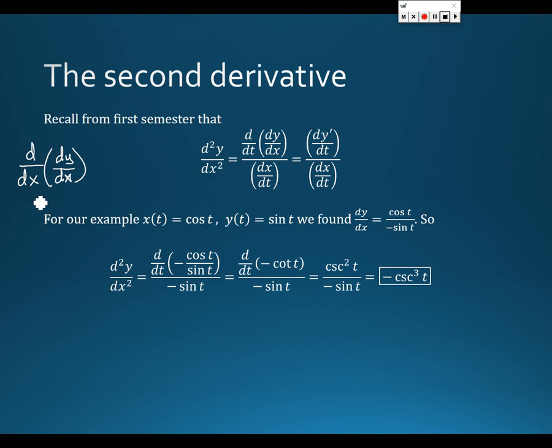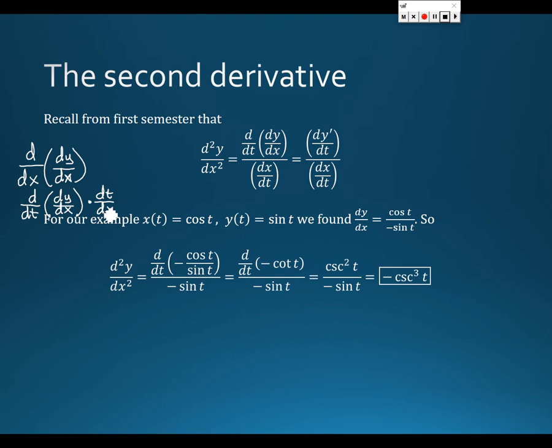Well, the chain rule allows us to take the derivative of something with respect to a different variable, as long as afterwards you multiply by dt/dx. So that is what this says, right?